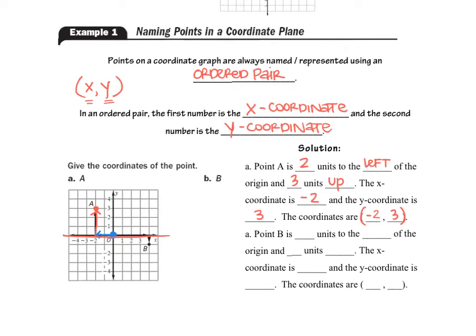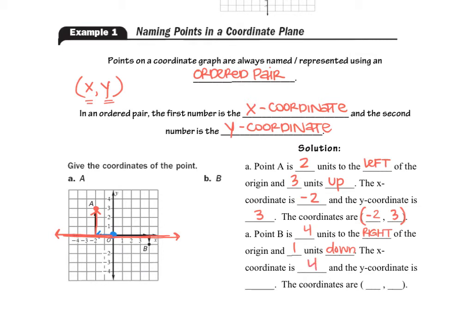Point B, we would say, is 4 units to the right of the origin. Again, we start at the origin, and 1 unit down. Now, notice we have a number line here. We're very familiar with the horizontal number line, maybe not as much with the vertical number line, but we know that on the horizontal number line, when we move to the right, that's positive. When we move to the left, that's negative. So because we moved to the right, that would be positive 4.